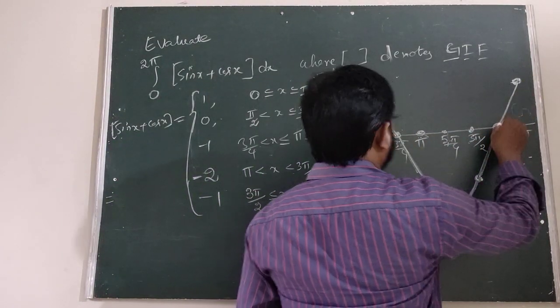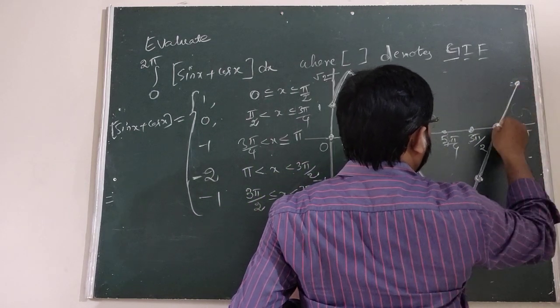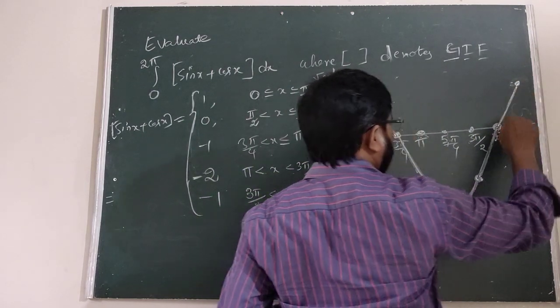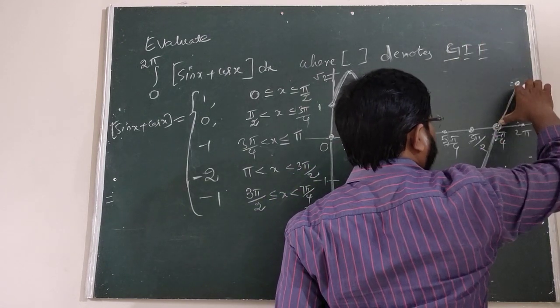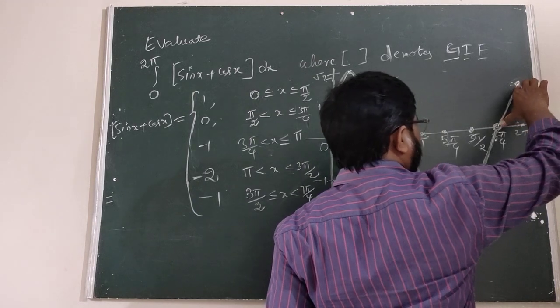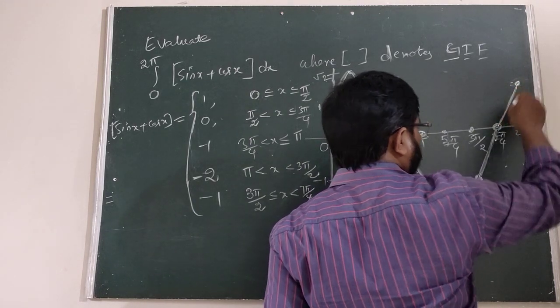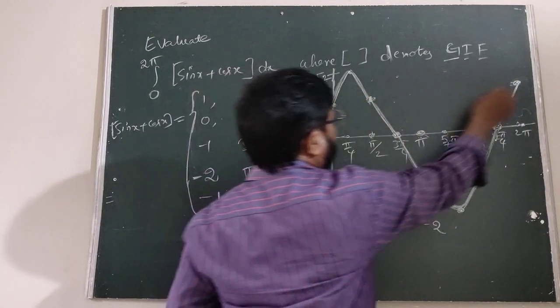What is this region? This is 0 to 1. Yes, this value is 1. Undoubtedly below 1, we have to take the greatest integer function. The integral part for 7 pi by 4 to 2 pi must be 0. These all values are below 1, this is exactly 1.